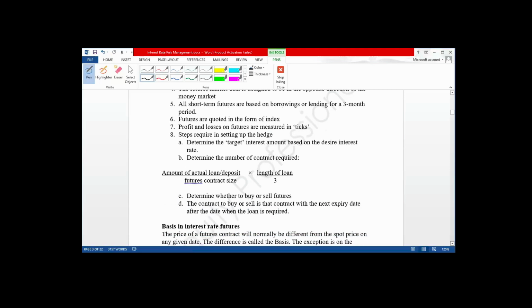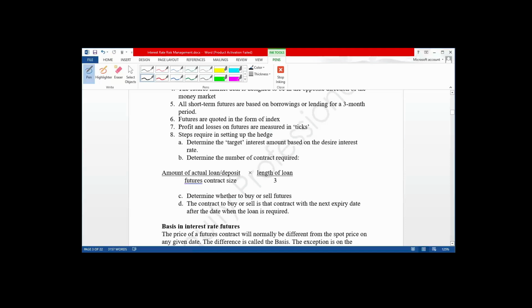Step 4, determine the contract expiring dates to use. Then your final step, evaluate your hedge.